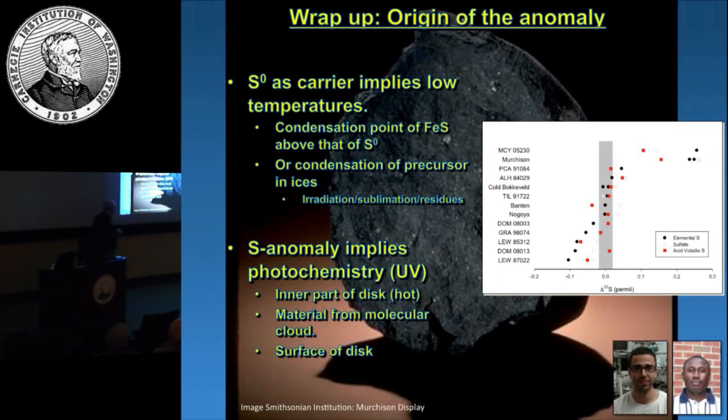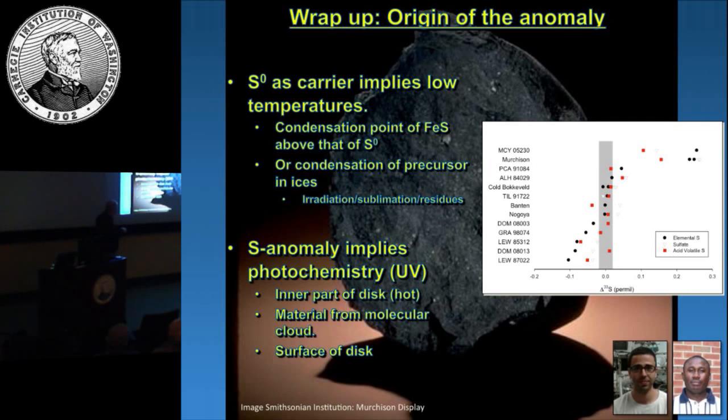Where would this anomaly occur? I think it implies UV photochemistry. One thing that Gibran is interested in exploring is whether it could imply something really strange with it being in the ices, but it could also be in gas phase. Probably not the inner part of the disk, because that's where it's hot.